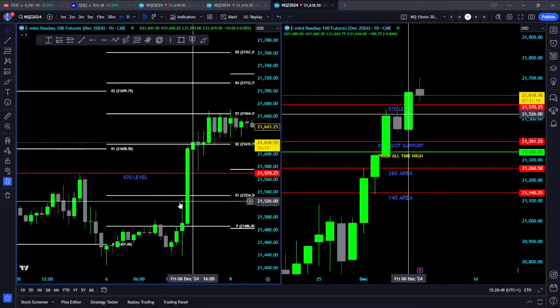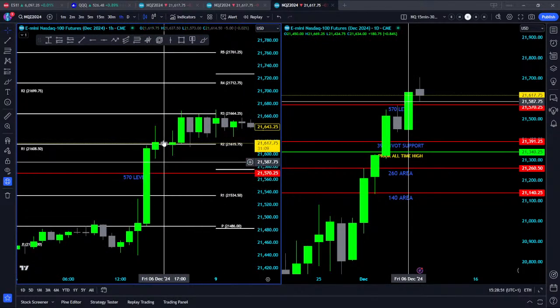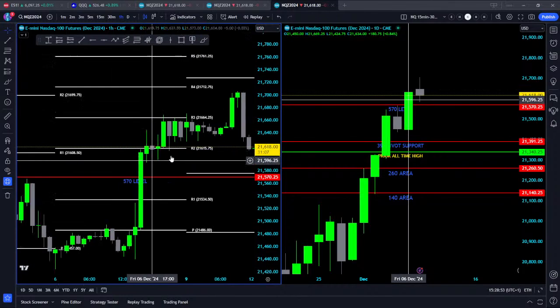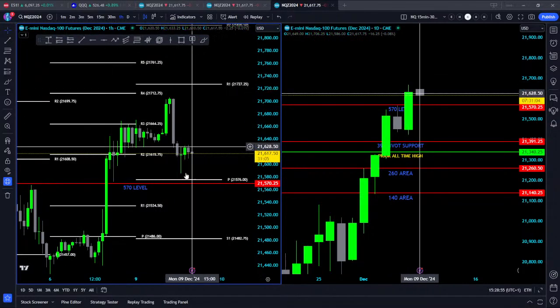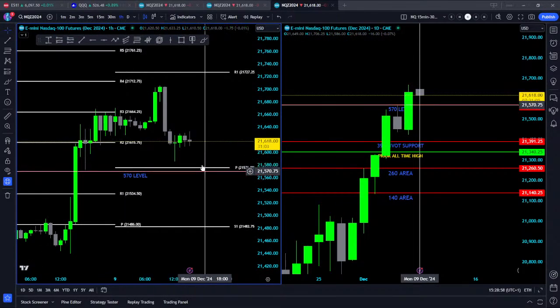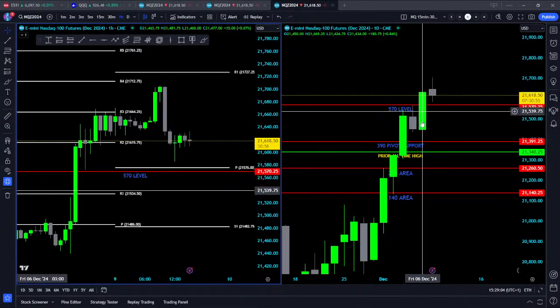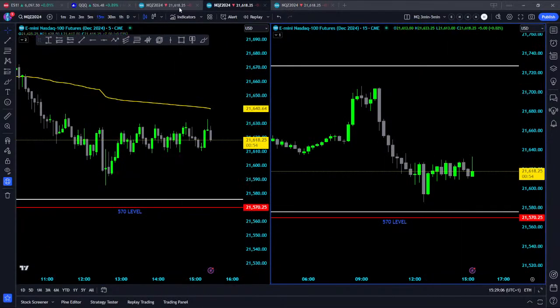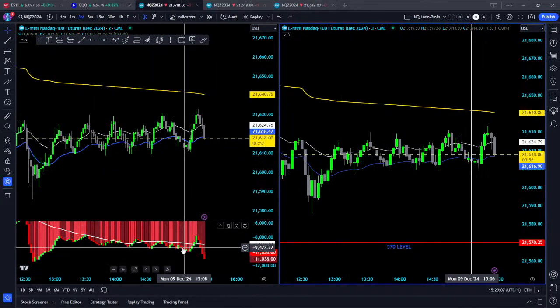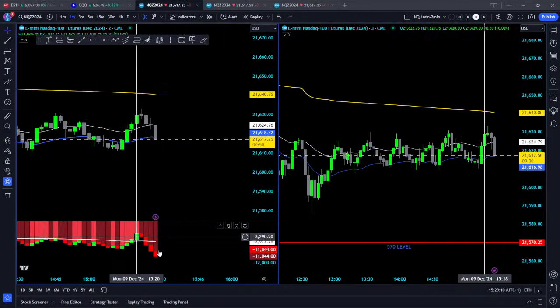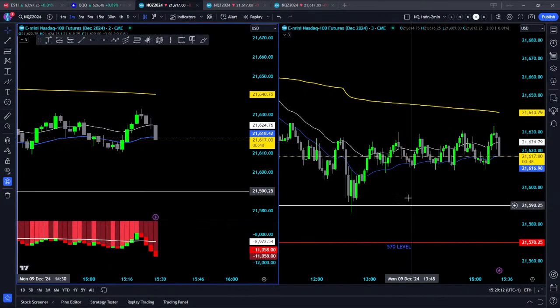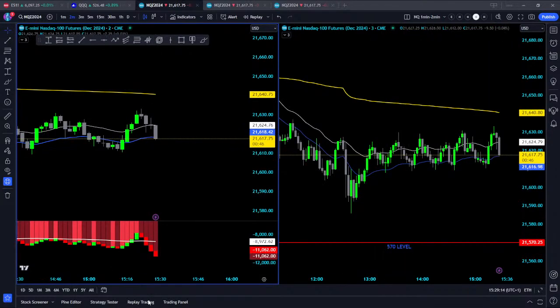As you can see, we retested on the hourly chart. We came back down in a wick, we retested it, and we pushed from there on. What I like to see is a pullback into the 570s. And as you can see on the daily chart, this looks like it wants to reverse. We're losing strength. We have negative delta. We show that sellers are in control. Delta is currently dumping. Everything shows that it's pretty much gonna dump.